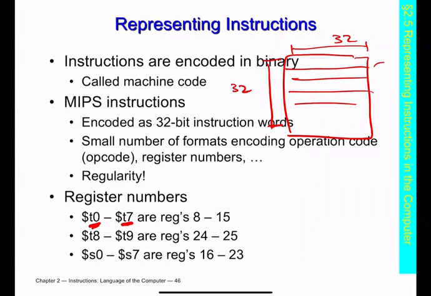So here T0 to T7 are registers 8 to 15, for instance. T8 and T9 are 24 and 25. S0 to S7 are registers 16 to 23, and so on. There are actually a lot of other things. There will be a sheet that maps all of these names to a particular location inside the register file, and this will be given to you.